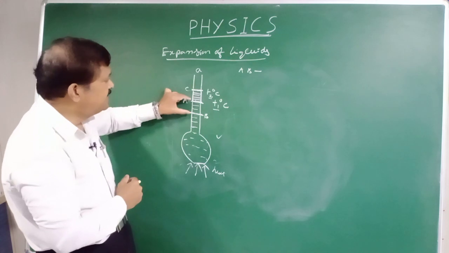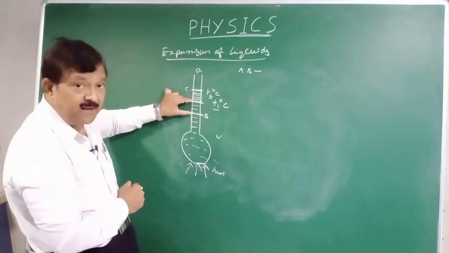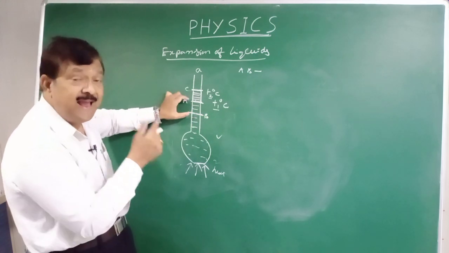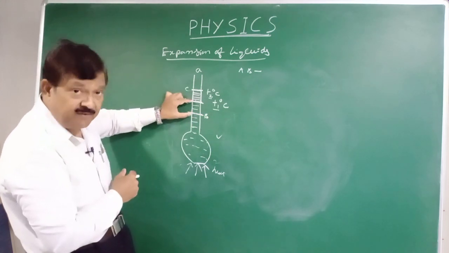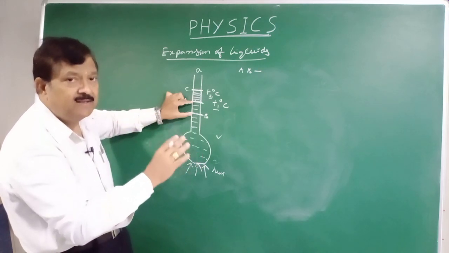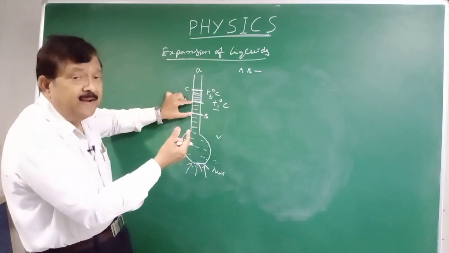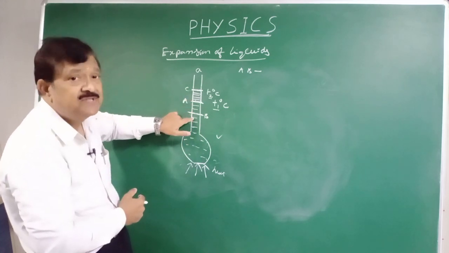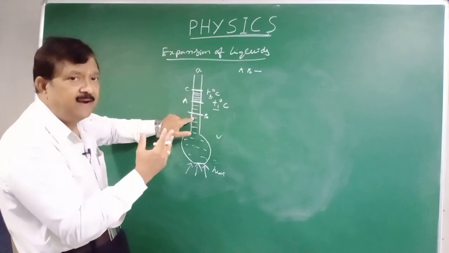Because the liquid level is falling from A to B, it appears as if the volume of the liquid is decreasing. But practically the volume of the liquid is the same. Because the container is expanding by an equal amount, the volume of the liquid appears to decrease. I hope you understand.